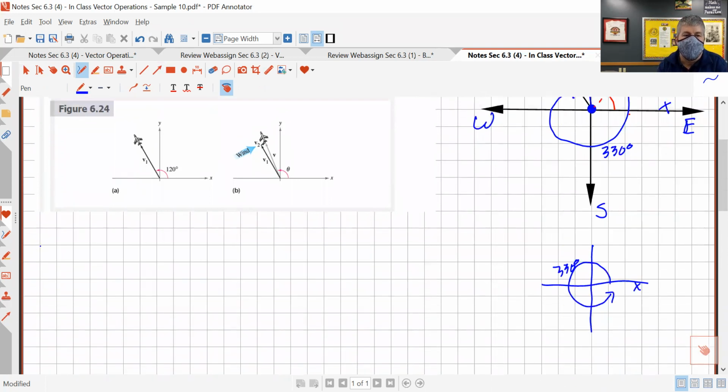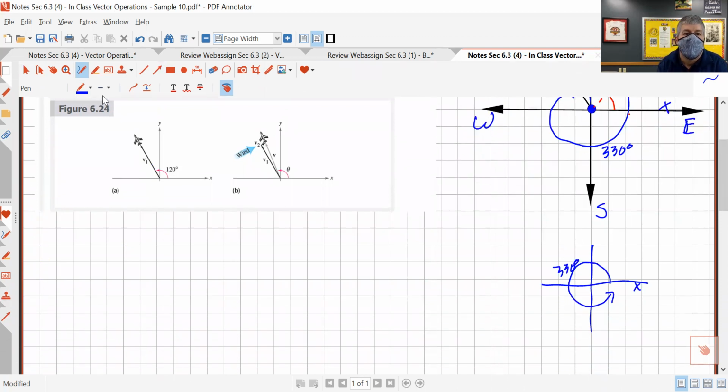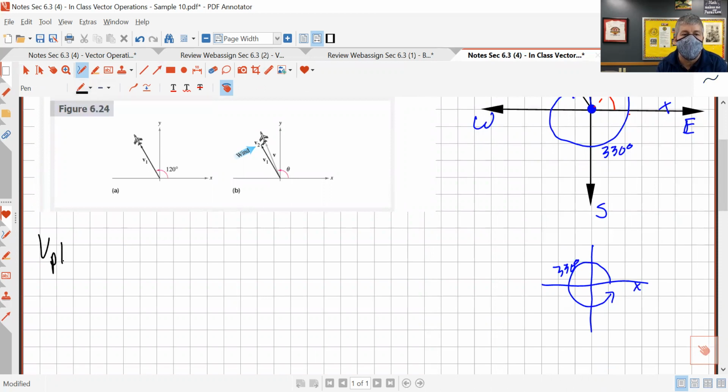So let's take a look at my plane vector. What color is my plane? Black. My vector of the plane has a scalar of 500, right? Because we're flying at 500 miles an hour. And then we have the cosine of 120, which is our theta, plus 500 sine of 120.